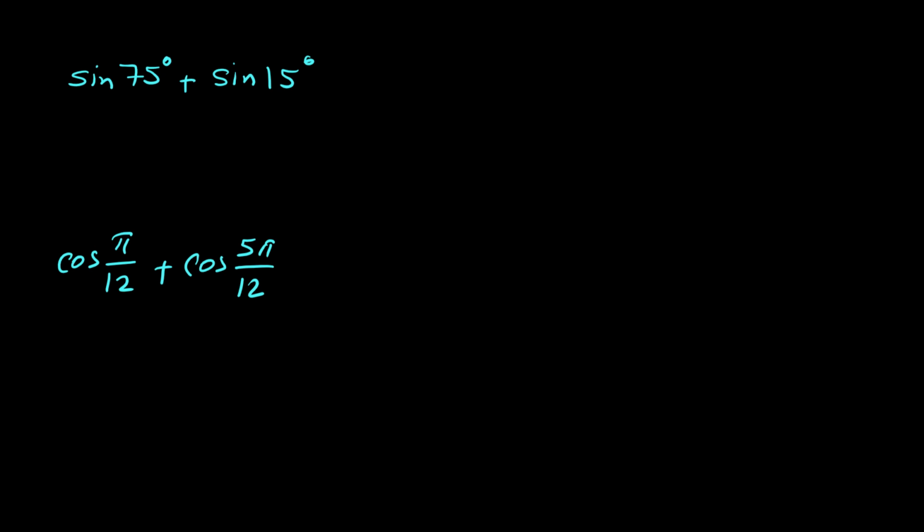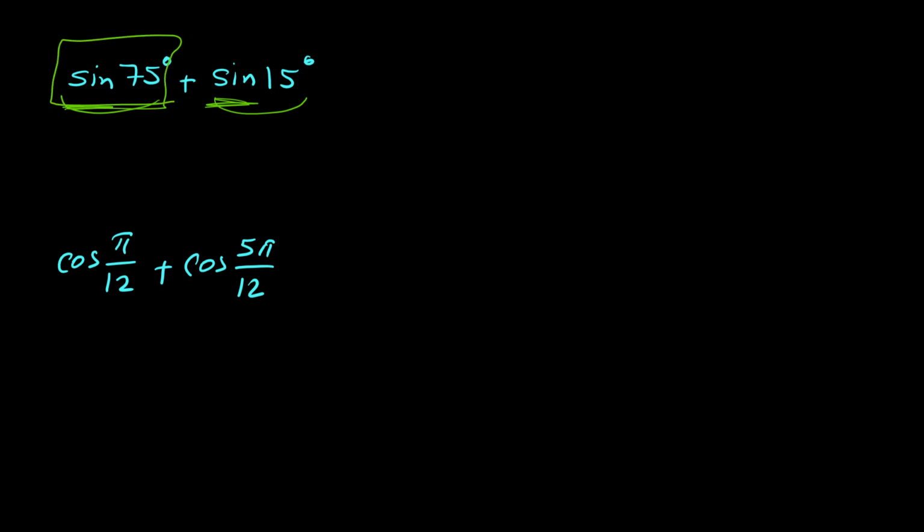We want to find the value of sine of 75 degrees plus sine of 15 degrees. You can put this in a calculator and add them up, but here we want to find these values without any calculator. We have two sine functions and we want to add them.